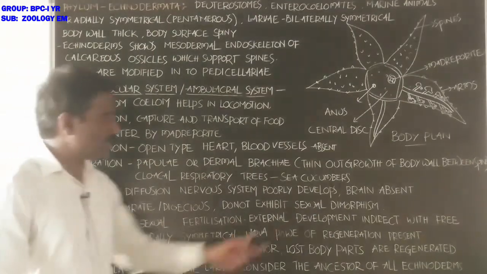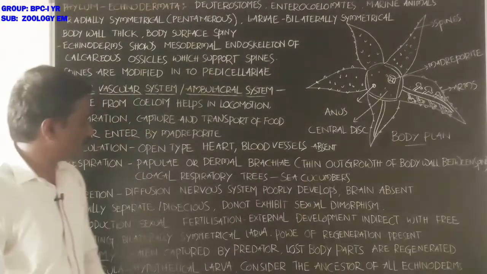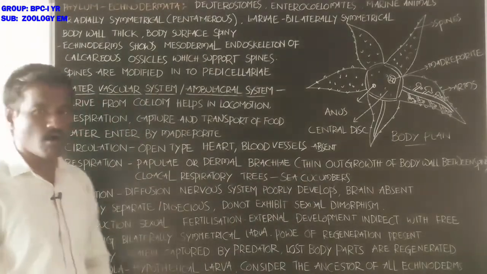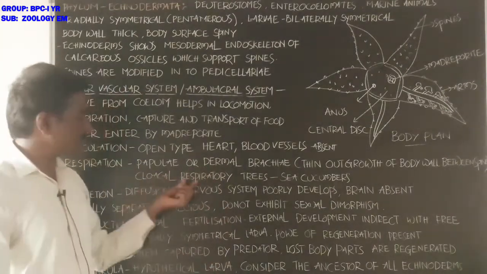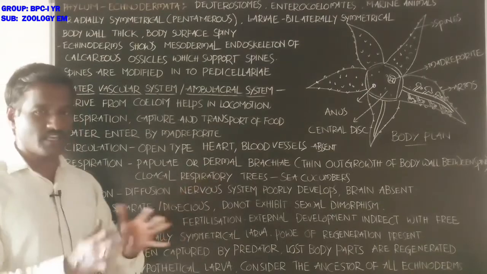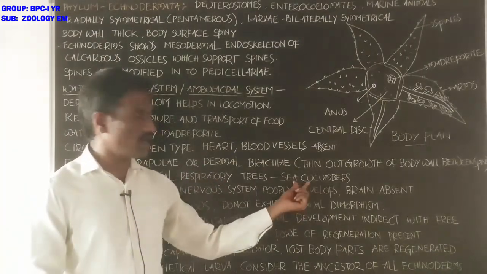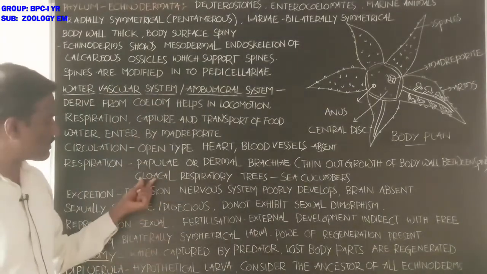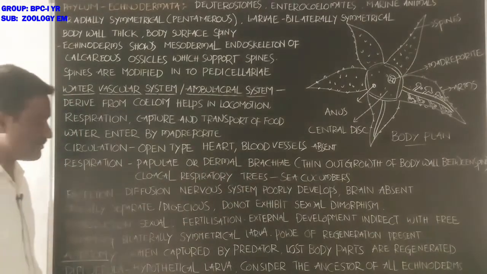Some animals like sea cucumbers, if you observe the cloaca region of these animals, have respiratory trees. These cloacal respiratory trees help in exchange of gases. Next, excretion.